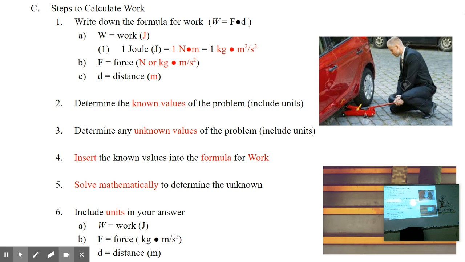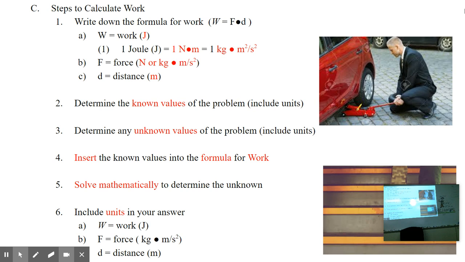So as we said, work is measured in joules. And we could break down joules to two separate levels. A joule is equal to 1 Newton times meter, or a Newton meter for short.